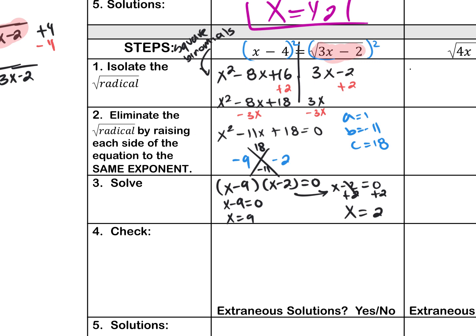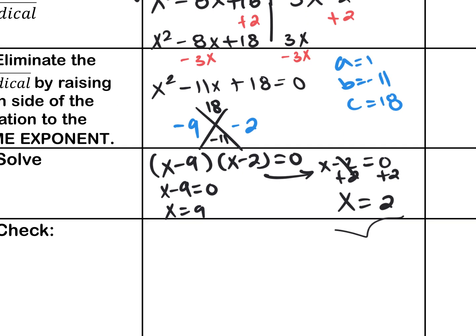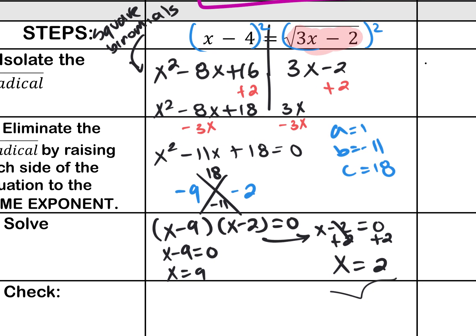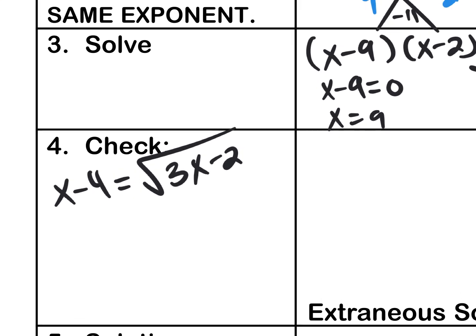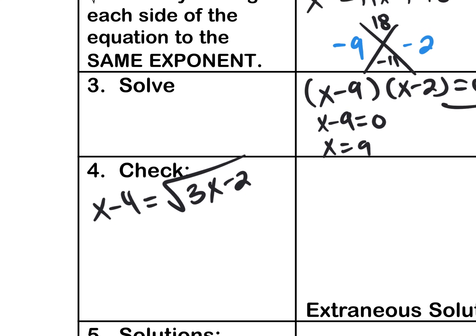So I'm going to start by checking 9. I'm going to check it on the left side of the equal sign for where it was x minus 4 equal to square root of 3x minus 2. That was my problem. So I'm going to start by checking it on the left side. Left side will be 9 minus 4.